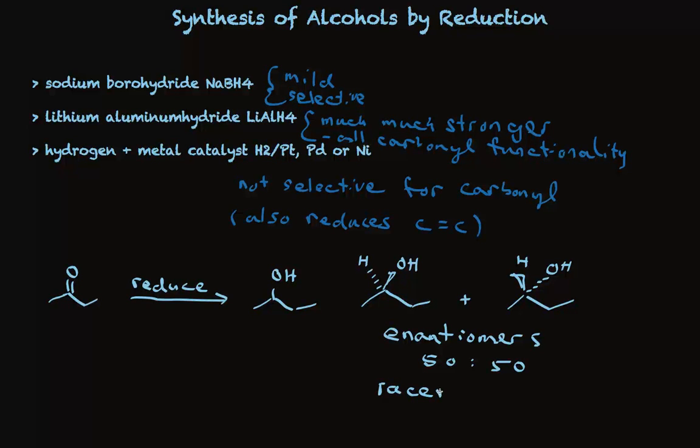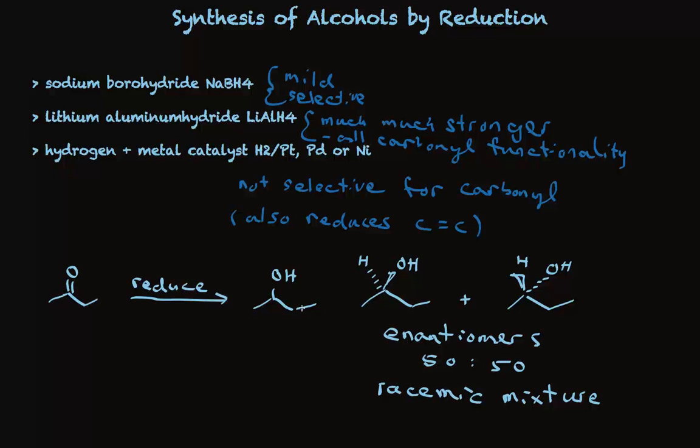So I'm not going to write this stereochemistry out each time I talk about these examples, but I want you to know that when a chirality center is created, and we have no chirality in the starting material, no chirality in the reducing agent, we will get a pair of enantiomers, that is a racemic mixture, every time.